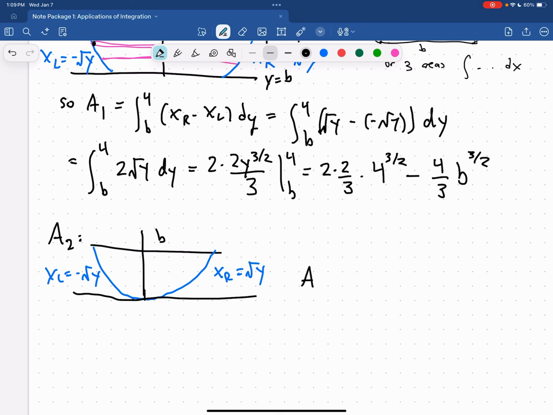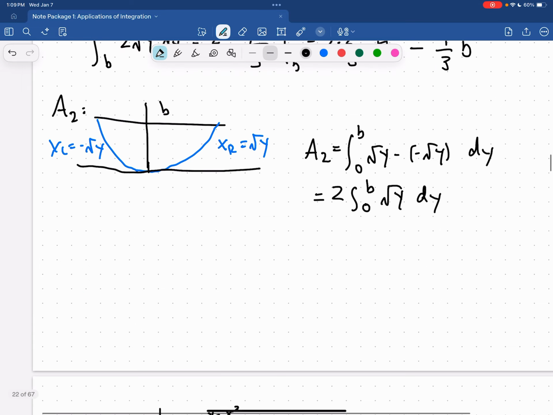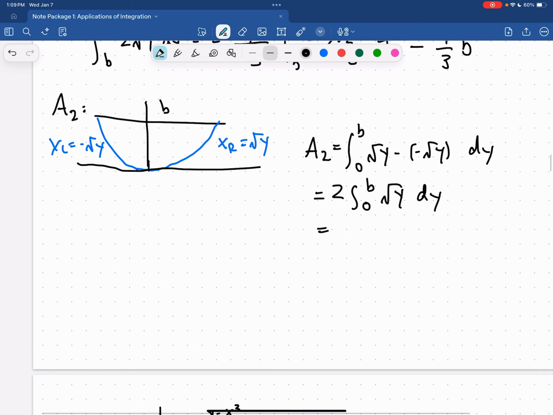And so our A2 is the integral from 0 to b of root y minus negative root y. So that's 2 times the integral from 0 to b of root y dy. So that's 2 times 2/3 y to the 3 over 2, evaluated at b and 0. So that's 4/3 b to the 3 over 2.